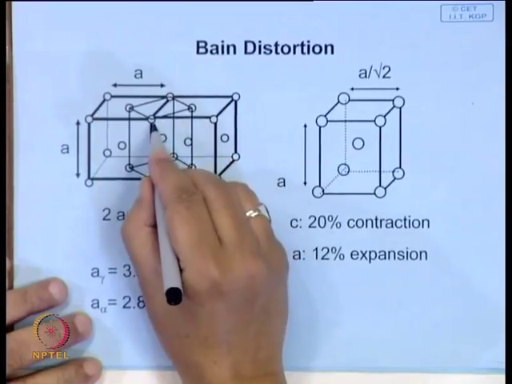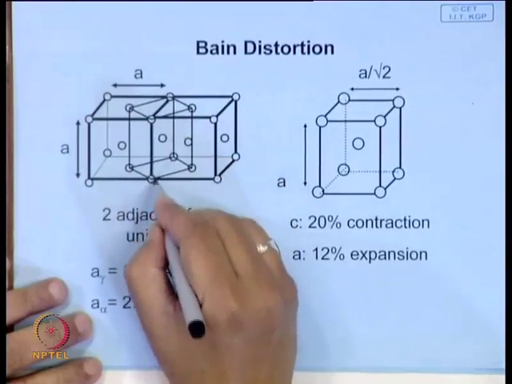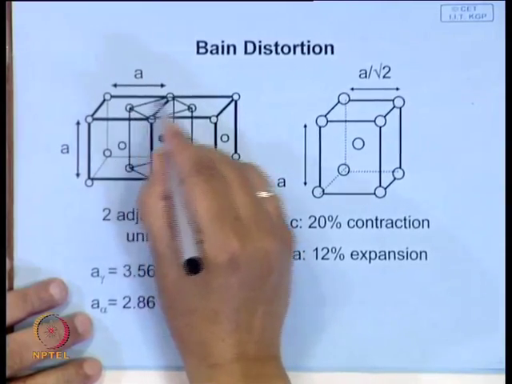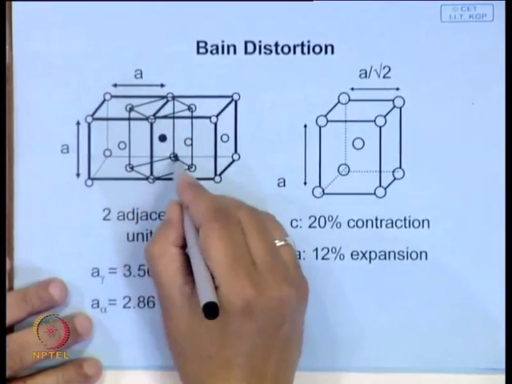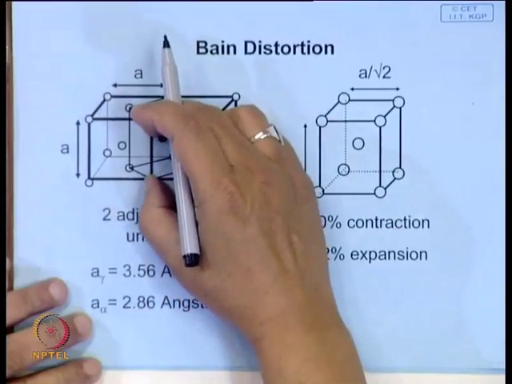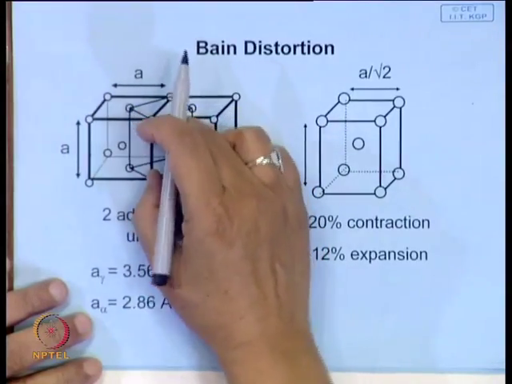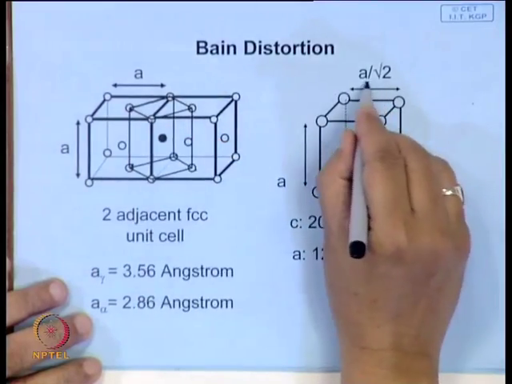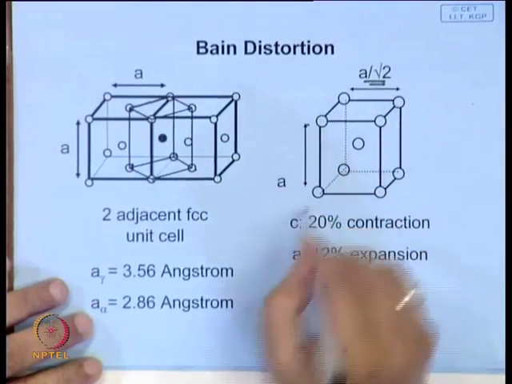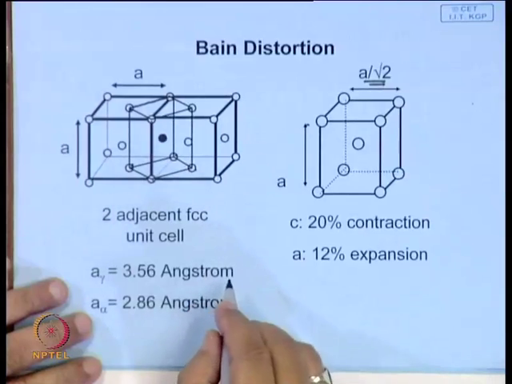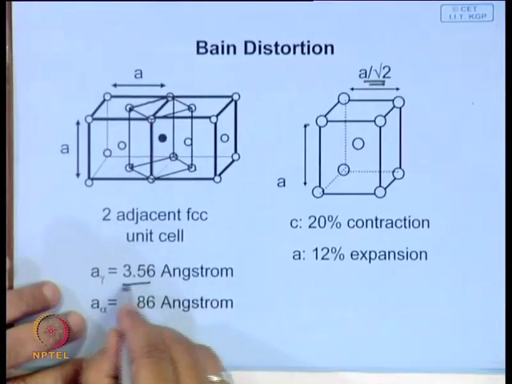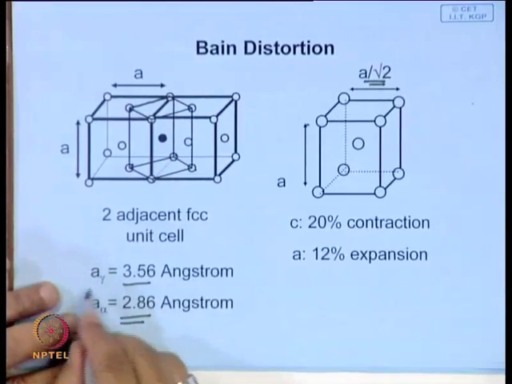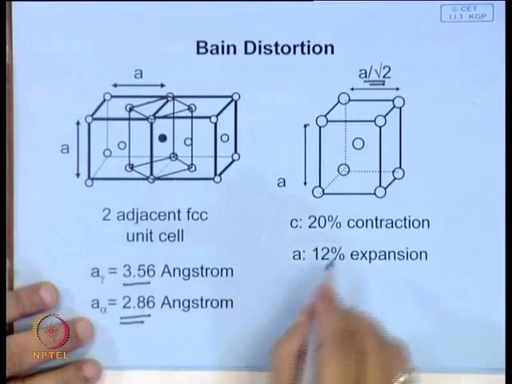You imagine, join these, then there is one atom at the center here, and you have these atoms at the corners, but this dimension is a, this dimension is a, whereas this dimension is a over root 2, this dimension is a. Now, look at this dimension: the lattice parameter of austenite, and the lattice parameter of ferrite is this.